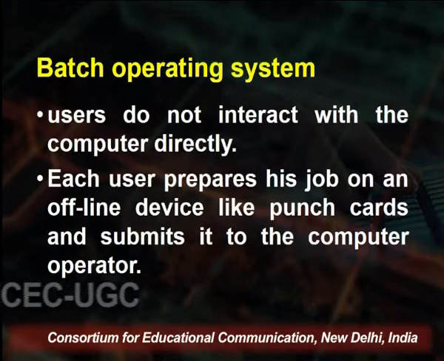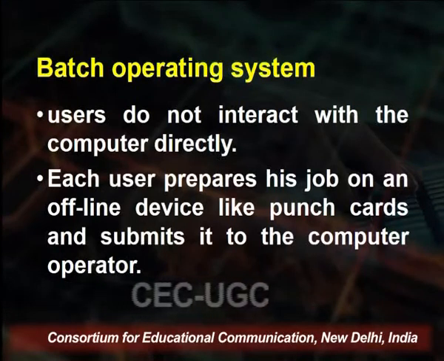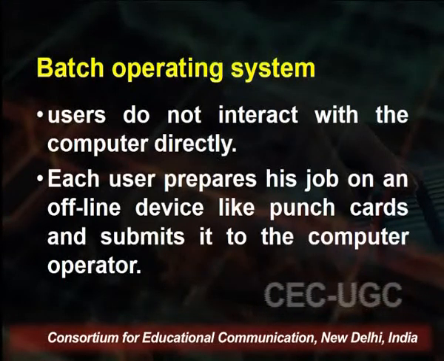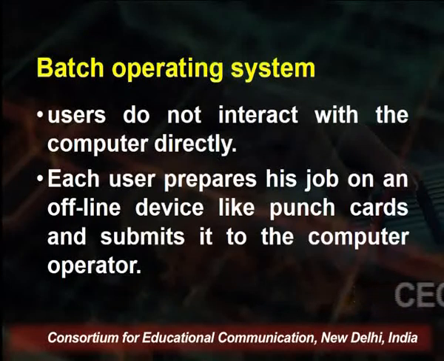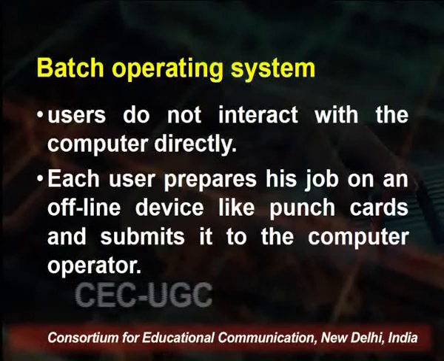In the previous lecture I told you that batch interfaces are there. In a batch interface, users do not interact with the computer system directly. Rather, each user prepares his job on an offline storage device, for example punch cards, and submits it to the computer operator.